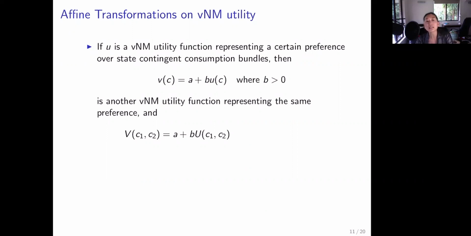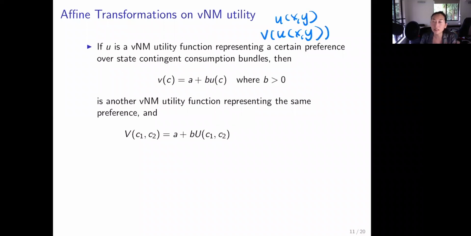Okay, next. When we're dealing with just a utility function under certainty, we know that if u(x, y) represents a preference, then a strictly increasing transformation of the utility function of x, y would also represent the same preference.